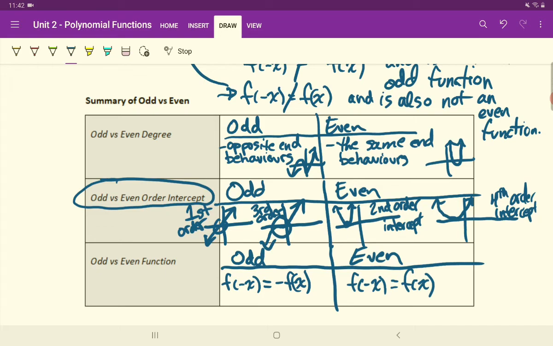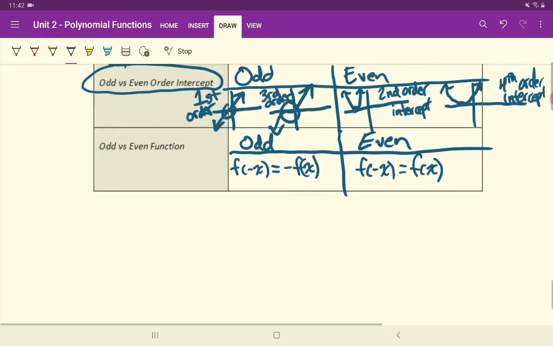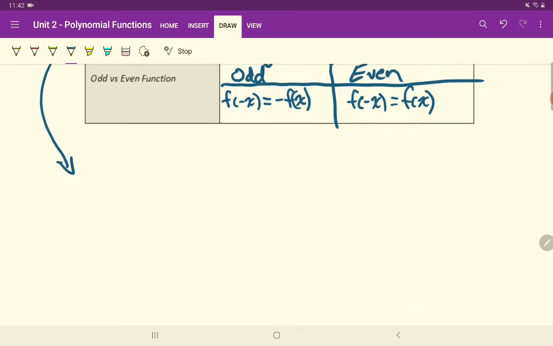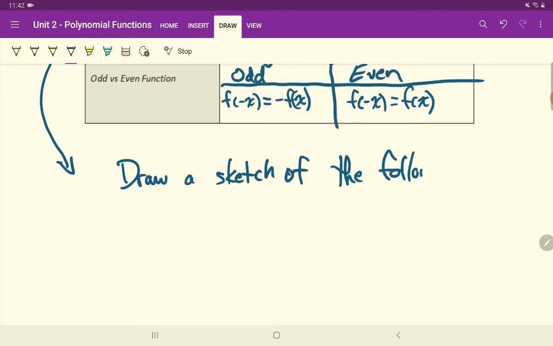Now, I would like to do an example with you that really dives into this. Let's do that really quick. I'm going to ask you to draw a sketch of the following. We're going to tie everything together here.